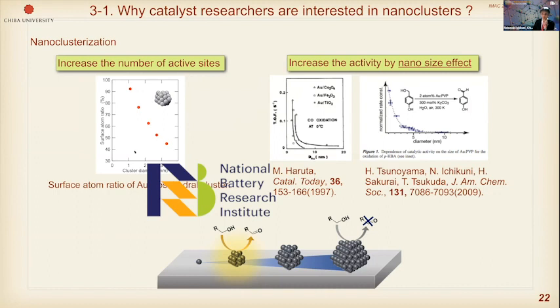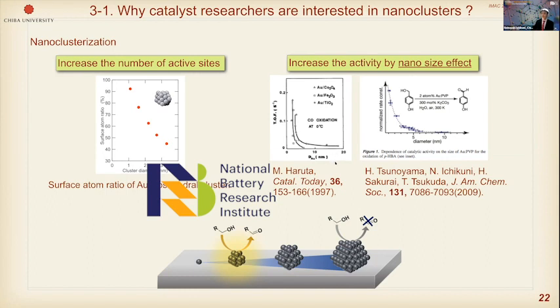However, if you make 1 nanometer gold clusters, then almost all the gold atoms can be exposed to the outer side and act as active species, over 90%. That's a good point. That is one of the reasons. However, the important point is this second part, activity by nanosize, the so-called nanosize effect.